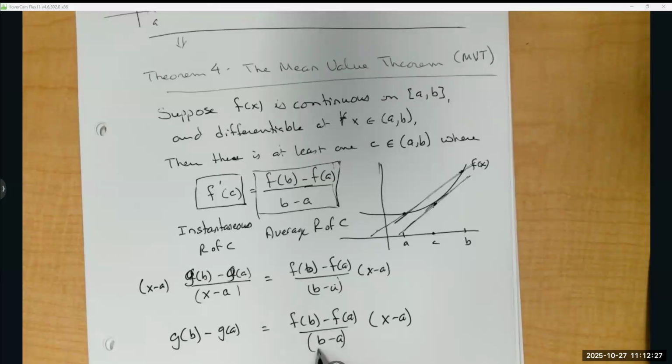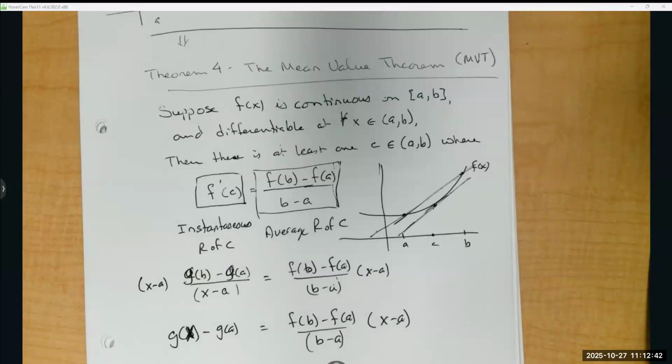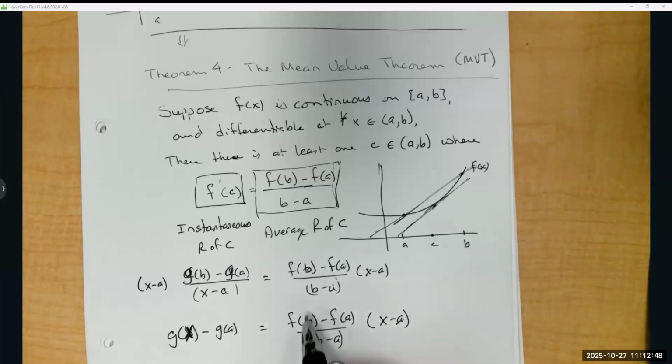You notice that b minus a and x minus a are not the same thing. So this value here, instead of b, we can say it's f of x or g of x. This one goes from 2 points. This one is at any 1 point.